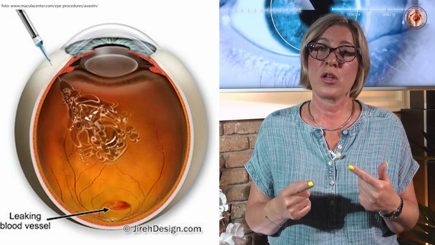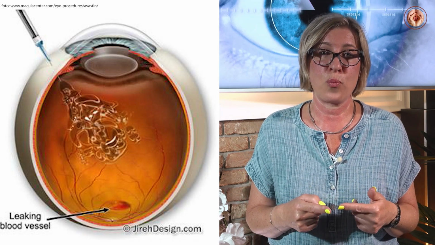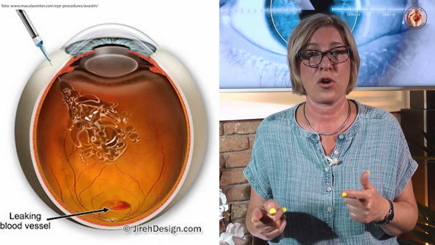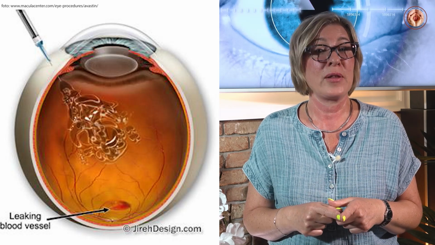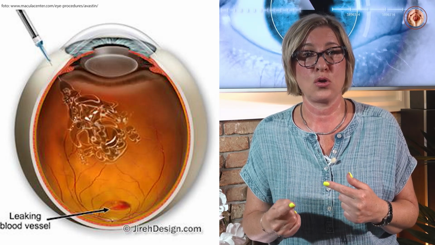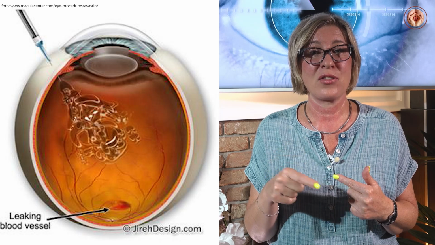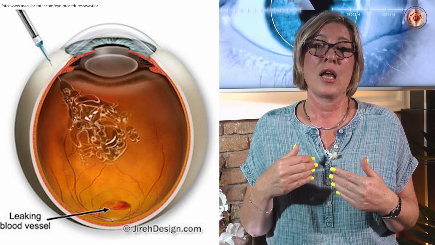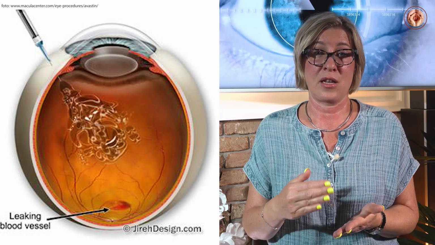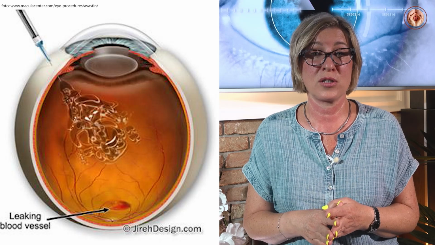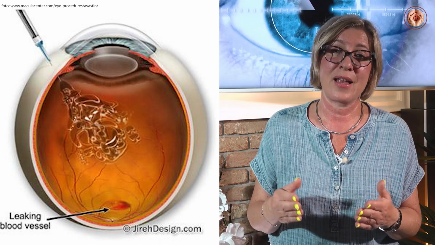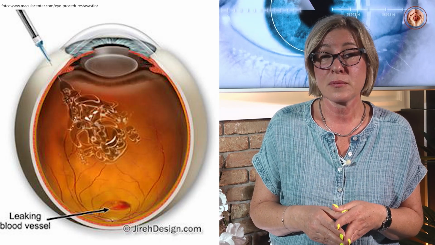It's particularly used for zone 1 ROP and aggressive posterior ROP. The medication is injected into the vitreous cavity of the eye under sterile conditions. Regular follow-up exams are necessary to monitor the response to Avastin and detect any recurrence.